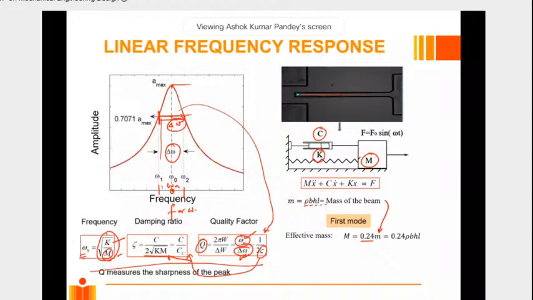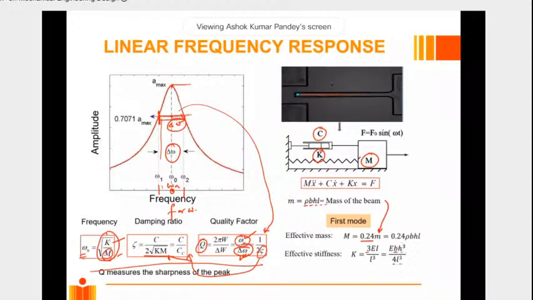Similar to that, you can also find the effective stiffness, and that effective stiffness will give you 3 EI by L cube, and then you can substitute BH cube by 12, and that way you'll get Ebh cube by 4L cube.